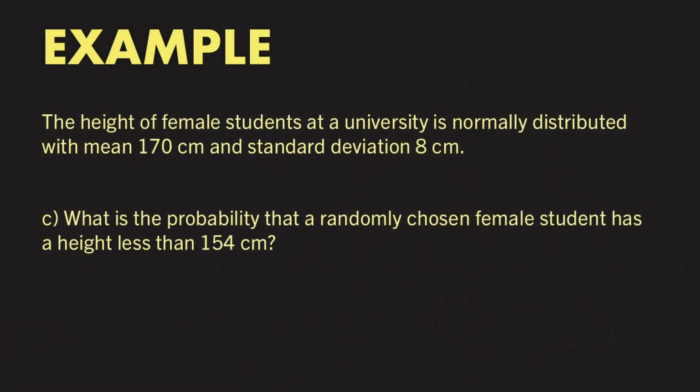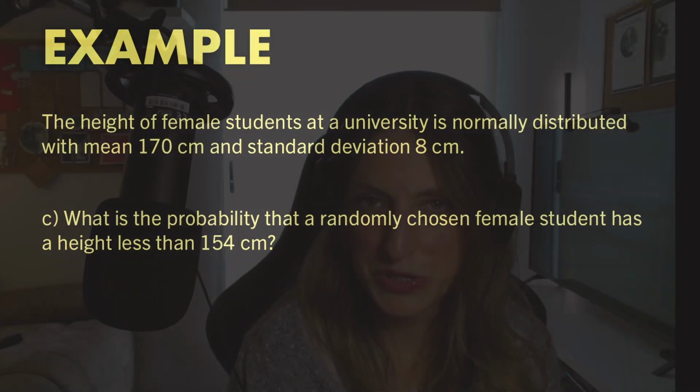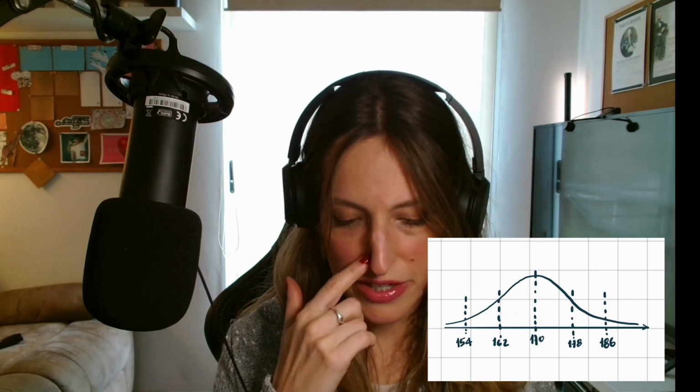Now, what is the probability that a randomly chosen female student has a height less than 154 centimeters? 154 centimeters, if you notice, is 2 standard deviations to the left of the mean. So we are going to be calculating the probability of x being less than or equal to 154.